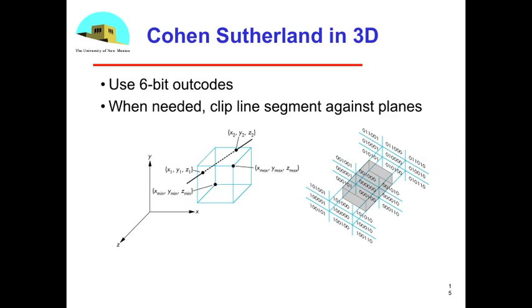I can be in front, behind, to the right, to the left, above, and below. And that says, okay, use a 6-bit outcode. Do exactly what you were doing before, but add 2 more bits that have to do with whether you're past the maximum Z or before the minimum Z. And so you get a figure that looks somewhat like this.